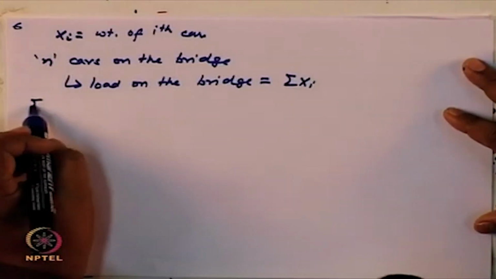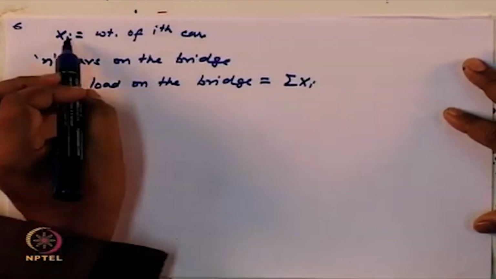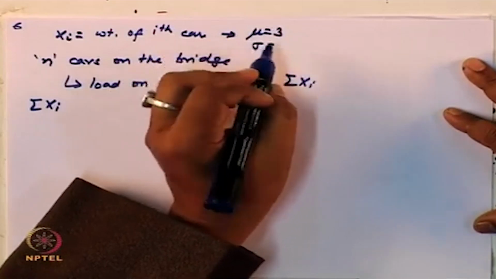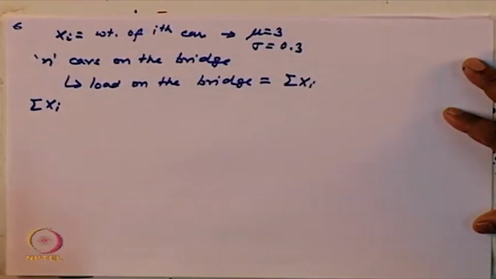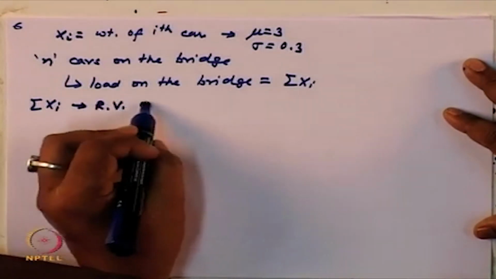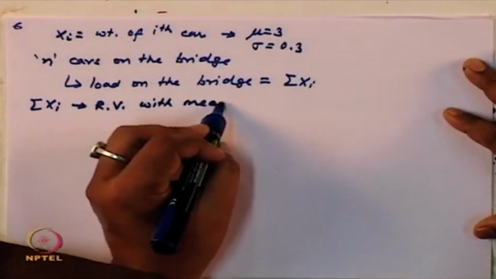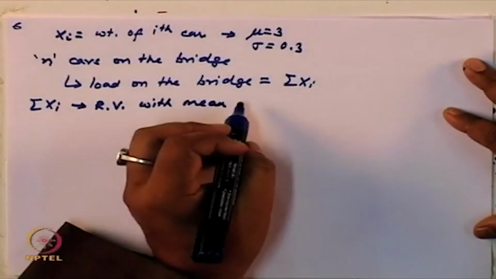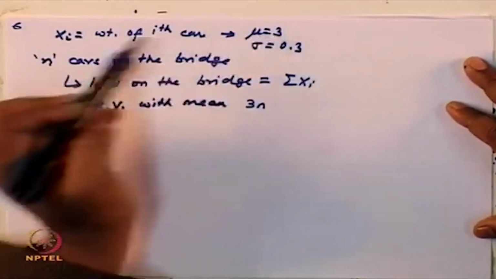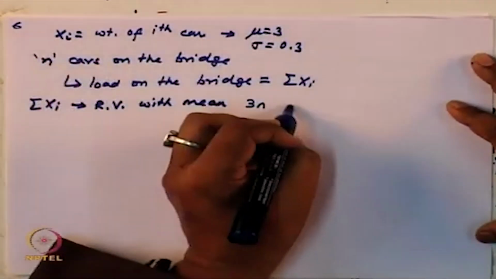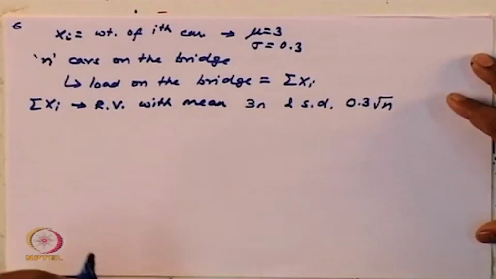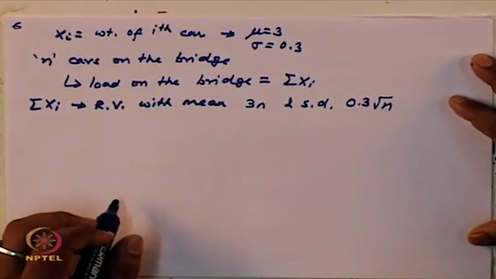So, what can I say about summation of xi? So, each of these xi's is a random variable, okay, with mu equal to 3 and sigma equal to 0.3. Okay. So, I can say summation xi is a random variable with mean 3 times n. If you have n cars, 3 is the mean for each car. So, mean will be 3n and standard deviation will be 0.3 into root n.